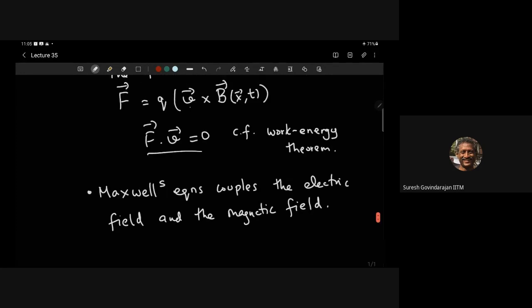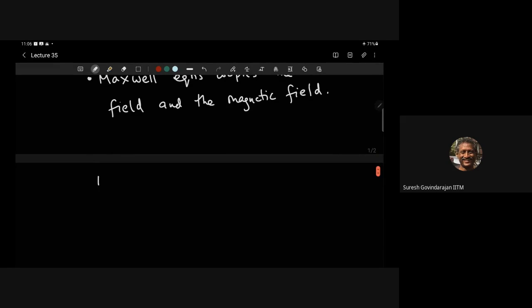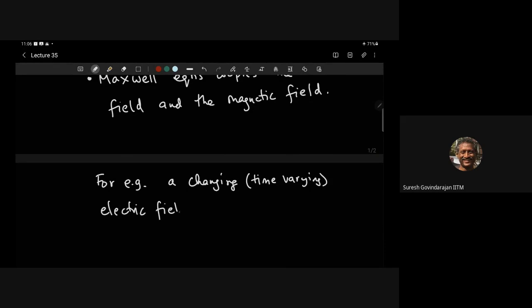So things we know, for example, is that a changing or time varying electric field can create a magnetic field, and vice versa. We know this, right?